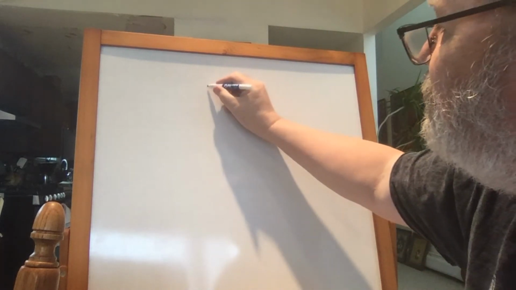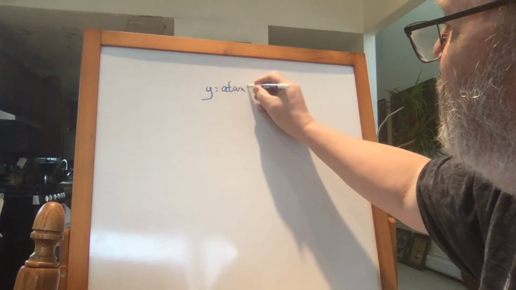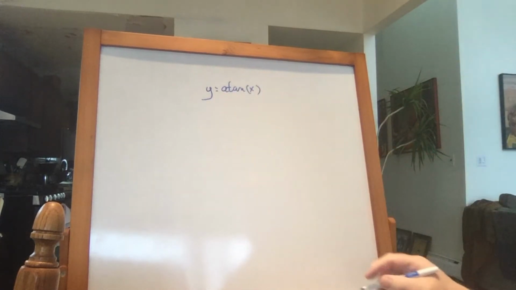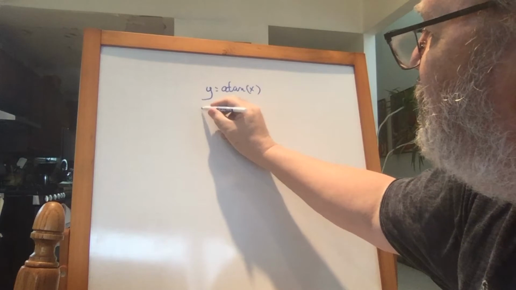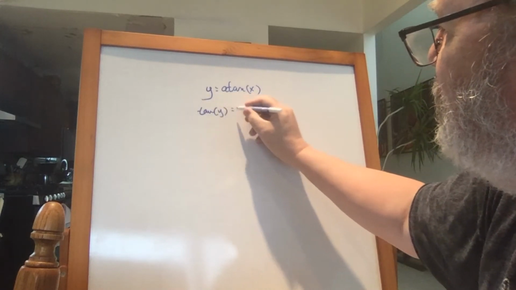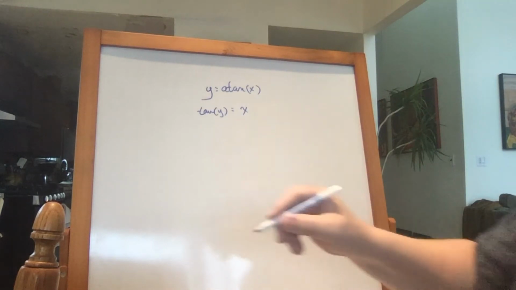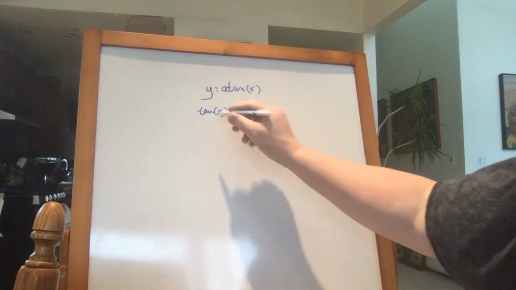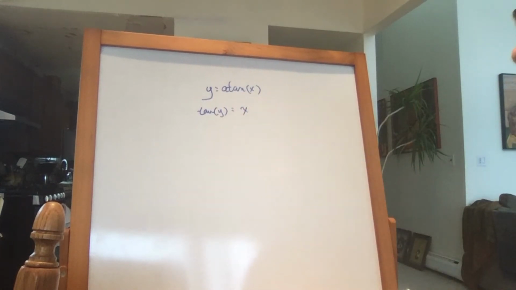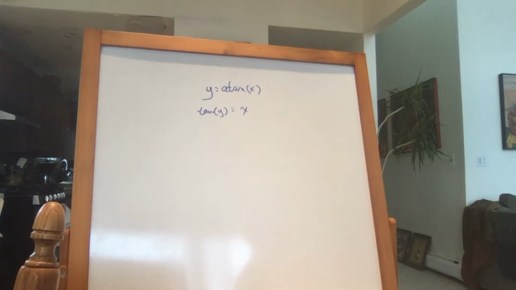So we've got y equals the arctan of x, tangent y equals x. I hope by now this step is intuitive, just taking the tangent of both sides.